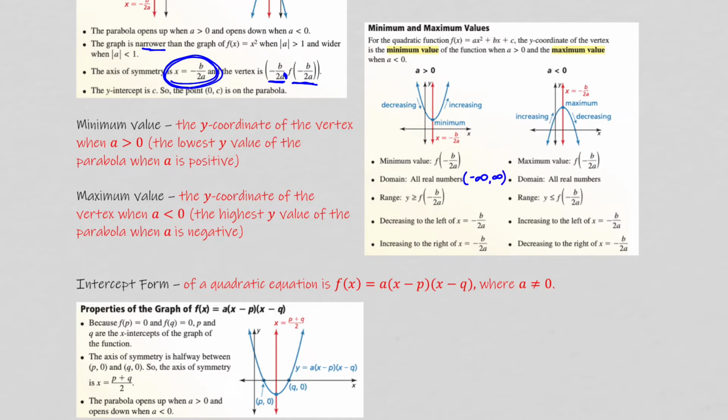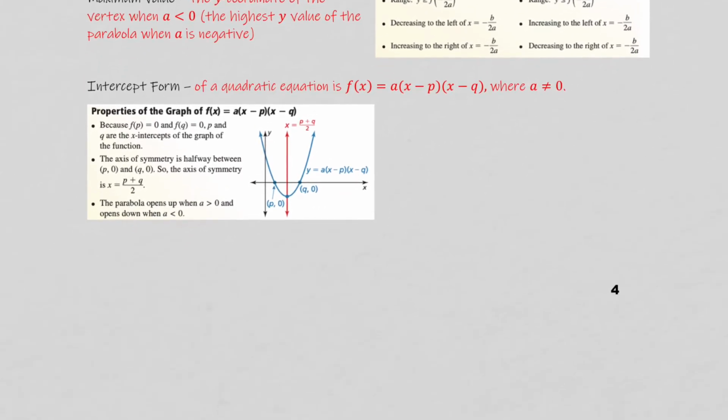And the range is whatever this y value is to infinity, and in this case it's negative infinity to whatever that y value is, okay? So the max value is just whatever this y value is, whether it's max or min, whichever. I'm mixing them up, okay? And we're not going to talk about intercept form today. We're saving that for Monday.